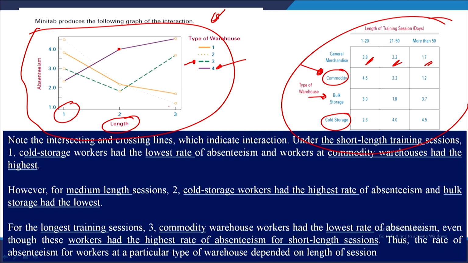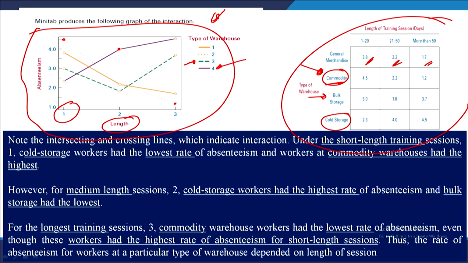And what about this, when the training session is the longest one, the absenteeism is lowest for commodity warehouse, right. Now, if you look at this, the absenteeism is lowest here for commodity warehouse workers, but highest when training session was of lower duration.